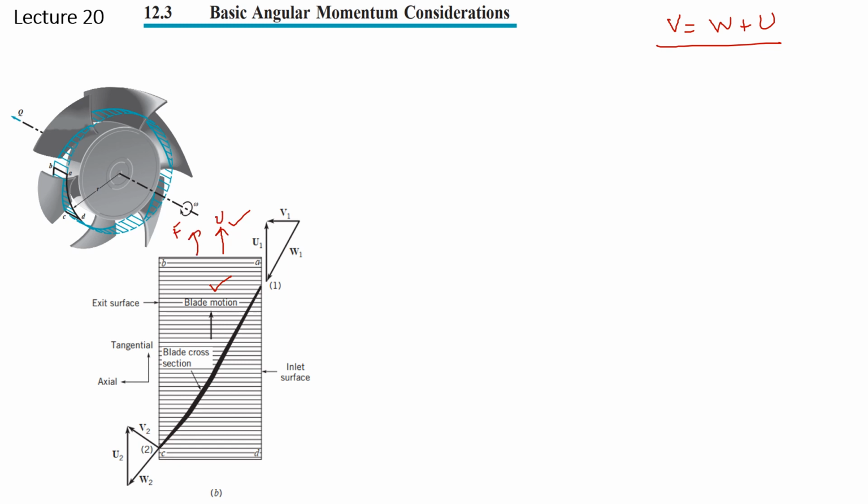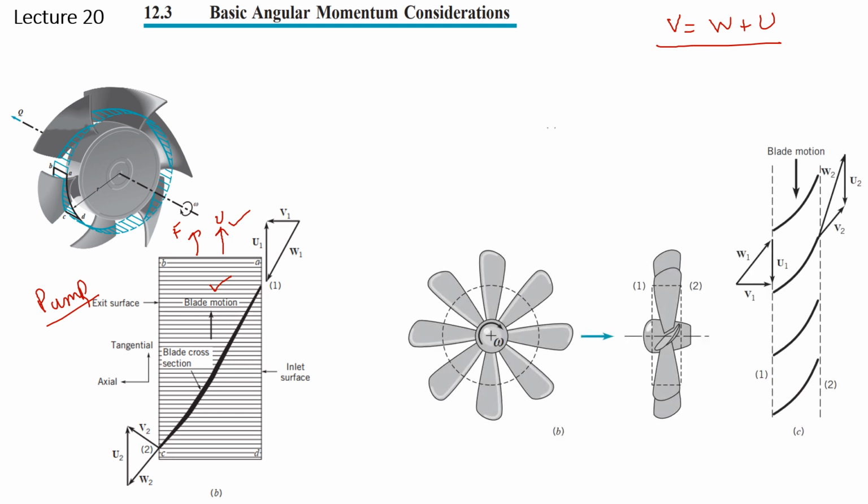So these two are in the same direction, and we said that this scenario is for the pump where the energy is transmitted to the fluid. In the second scenario, we said that the blade direction is in this direction, and the blade velocity is in this direction, and the force that this blade applies on the fluid, the reaction force is in the opposite direction.